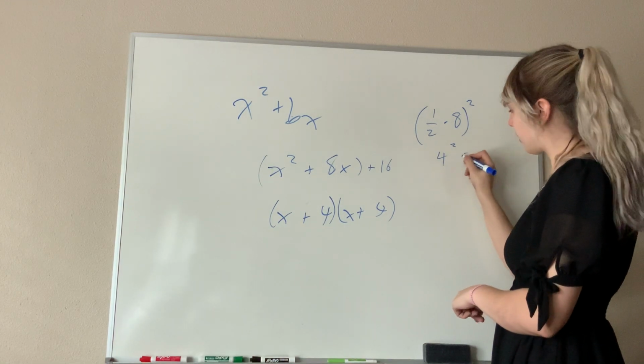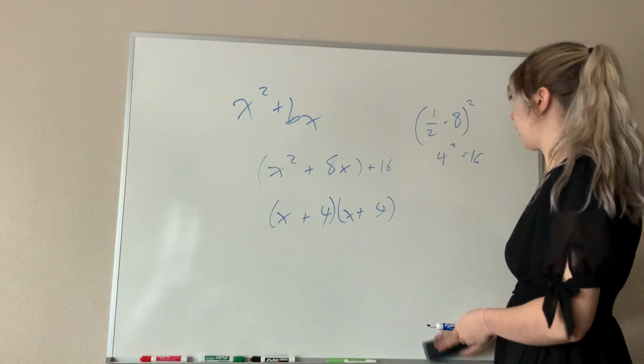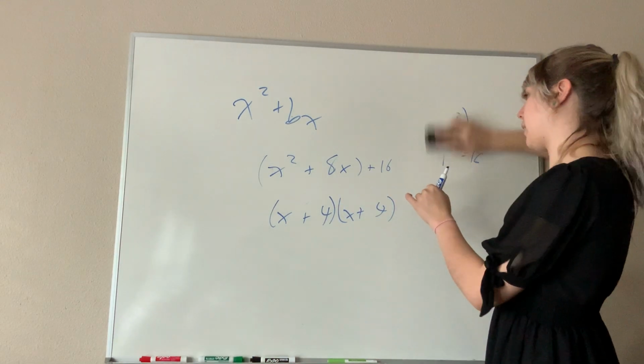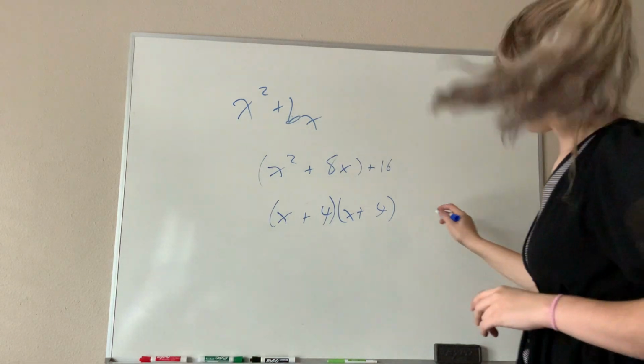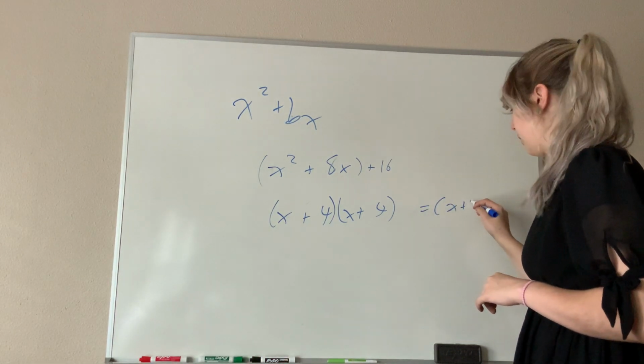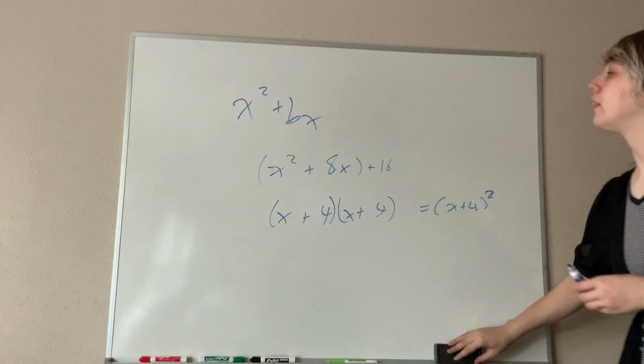You square that, and it equals 16. So just cut b in half and square it. And that's how you find the number that you want to add. And of course this equals x plus 4 squared.